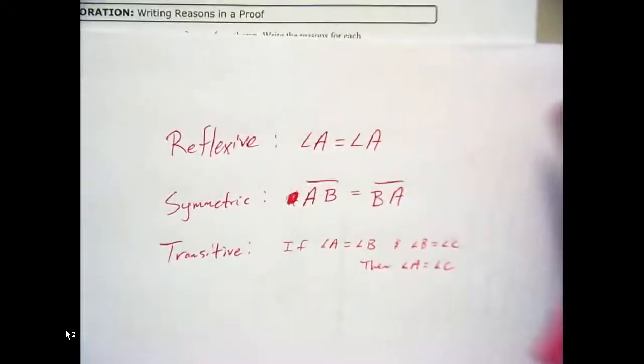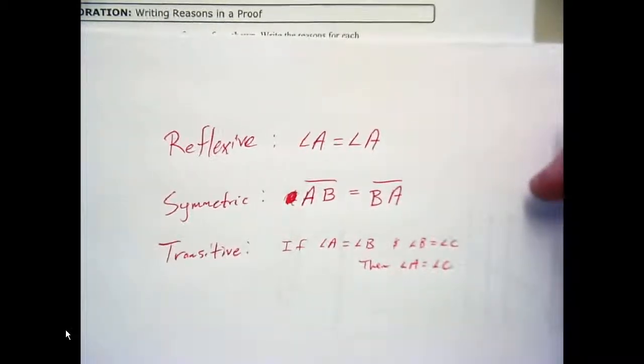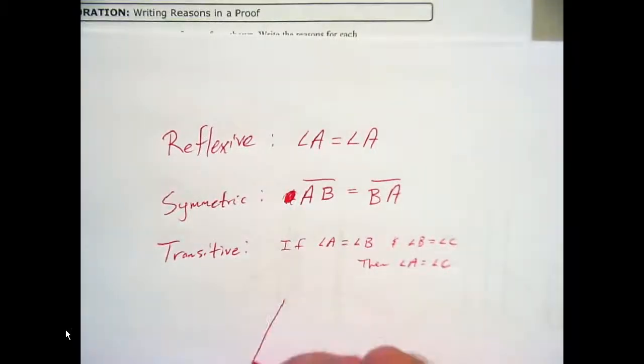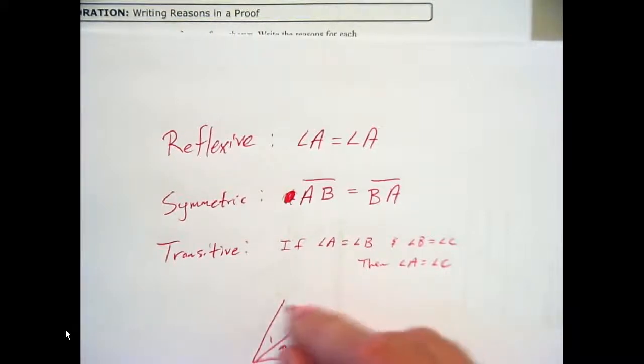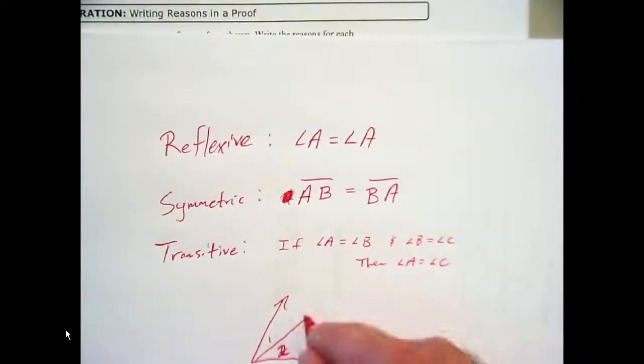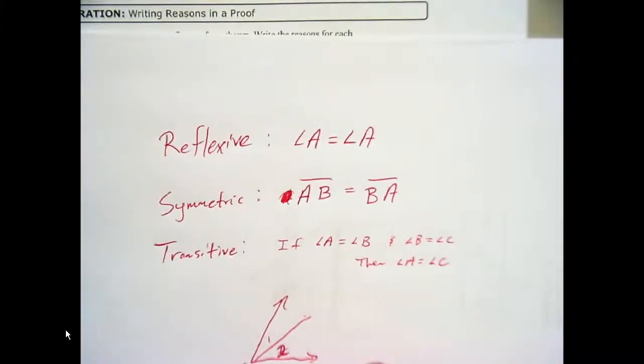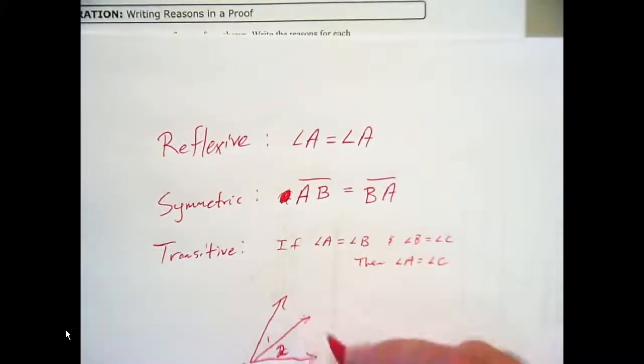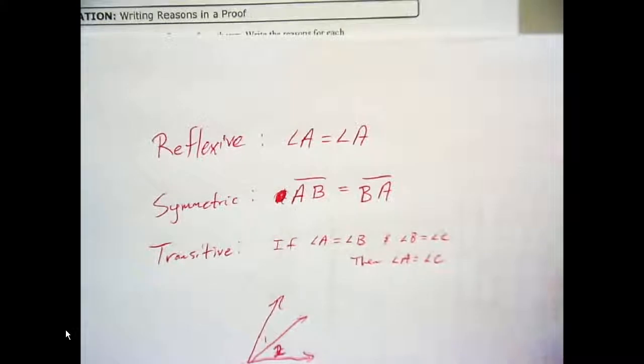Well, and we have the angle addition property, where if you say two angles make a third, angle 1 and angle 2 combine to make angle A. That's angle addition property. We have distributive property.